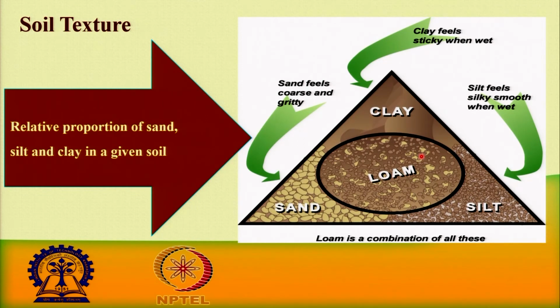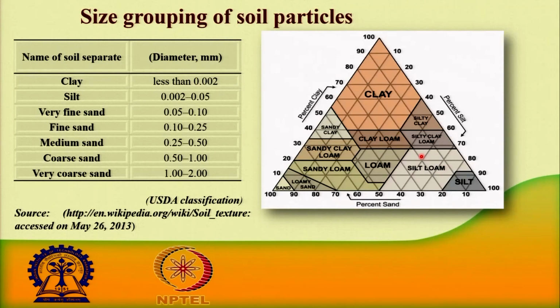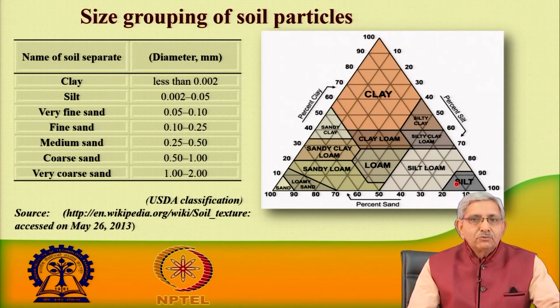So, different proportions make that type. This is the triangular diagram which gives the grouping of which category a particular soil belongs to.